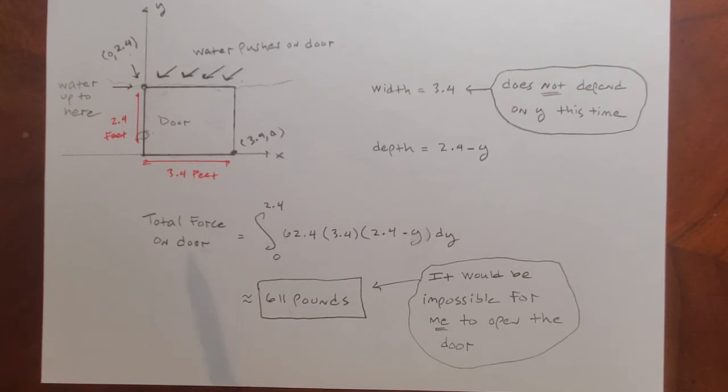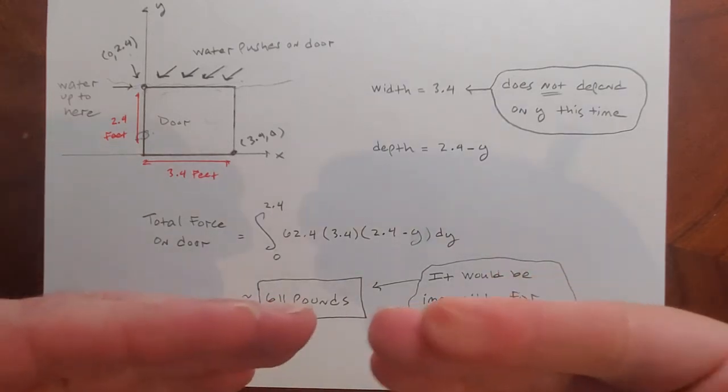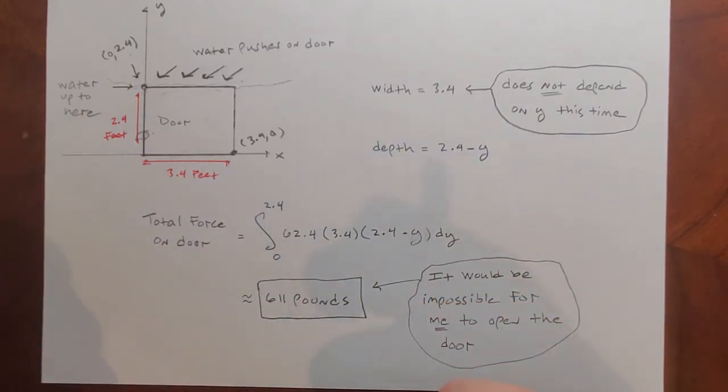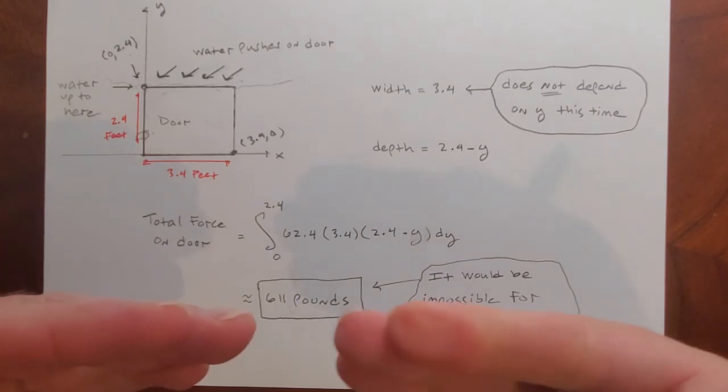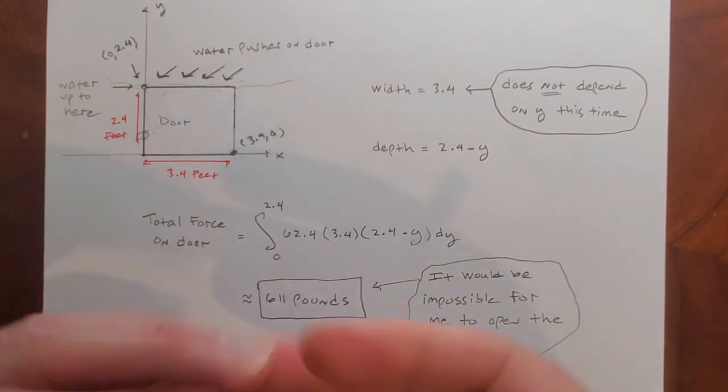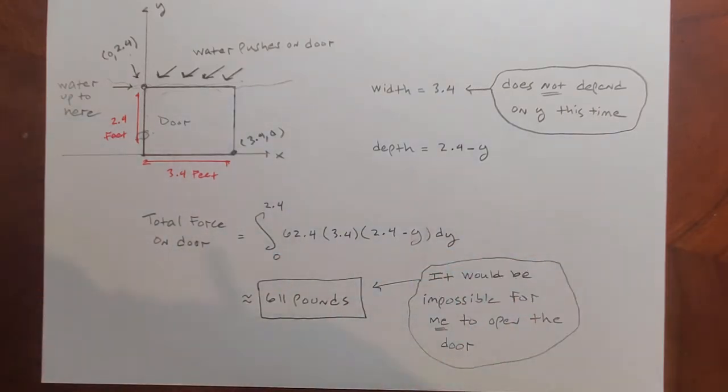Another thing is that this is the force if the inside of the car is dry, if there's not water in it. What if the car were to fill up with water slowly? Well, then the pressures equalize. Then the whole door's underwater, and the water on the inside is pushing out too. So that would change things obviously.